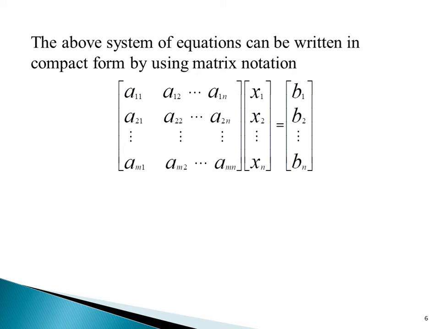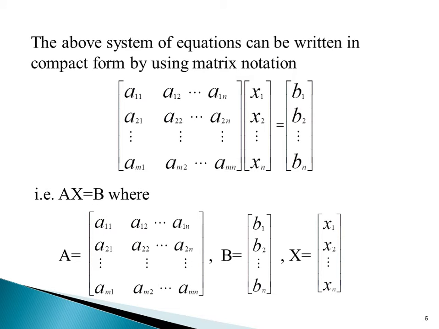This is a column matrix. That is AX = B. This is our matrix form of the given system of equations, where matrices A, B and X are given below. Matrix A is the matrix of coefficients, matrix B is the matrix of constants, and matrix X is the matrix of unknowns. So remember these three matrices.